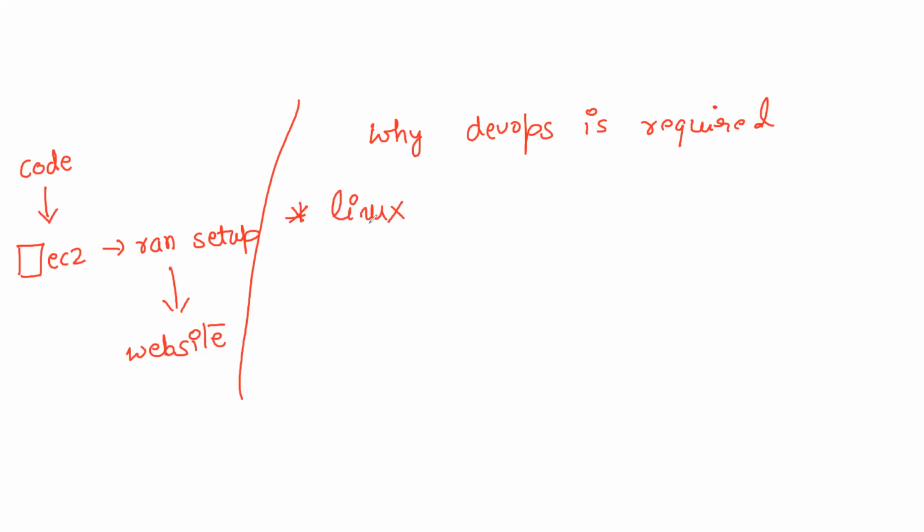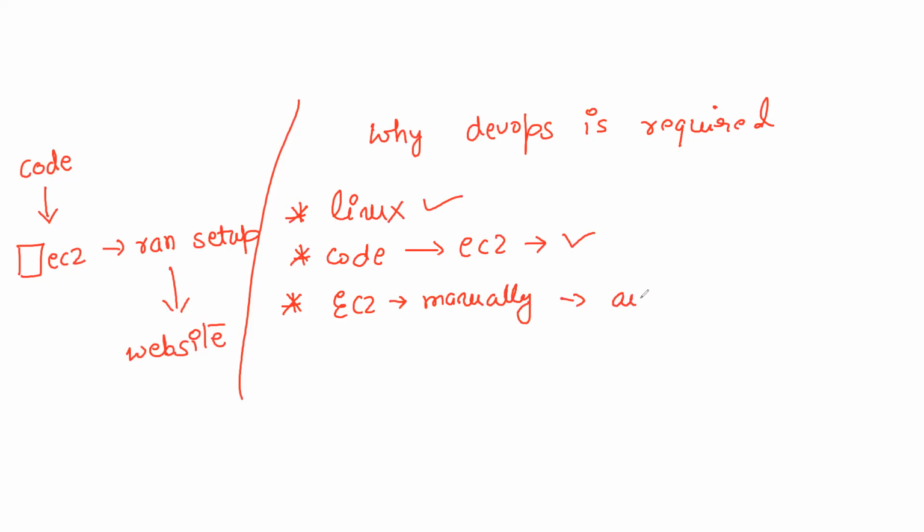So you should know them, right? And then there was some code present and you should know how to install it on servers. And the EC2 instance, I spin it up manually, right? How can I automate it? Imagine if this website has to run on 3, 4, 5 instances, how to automate this process.